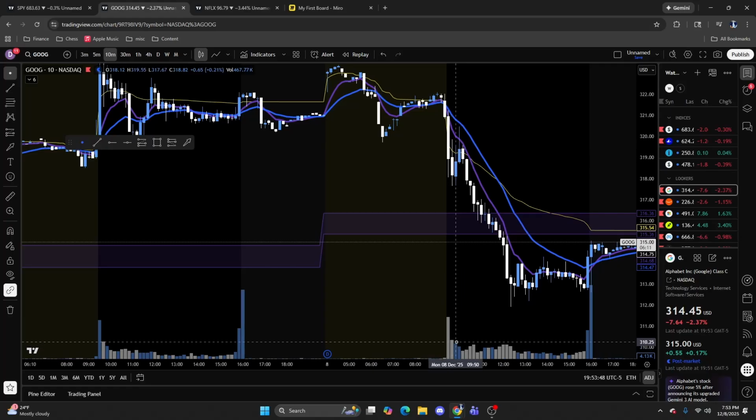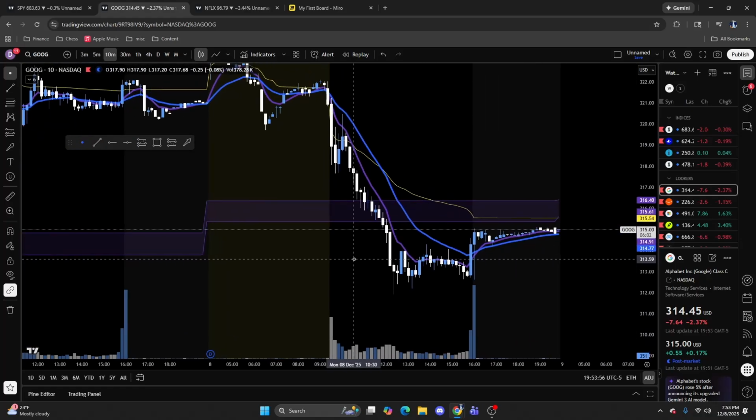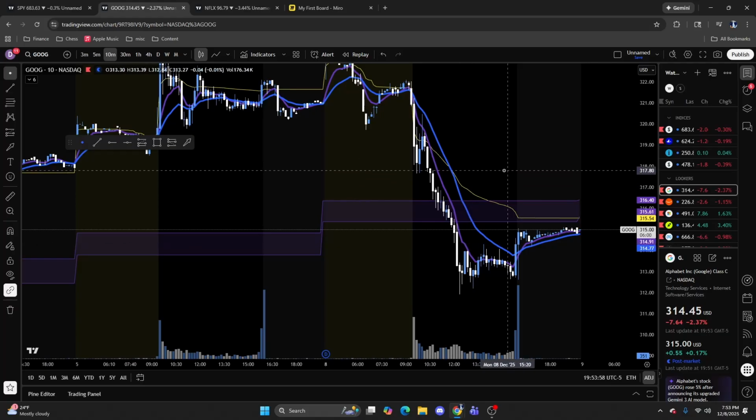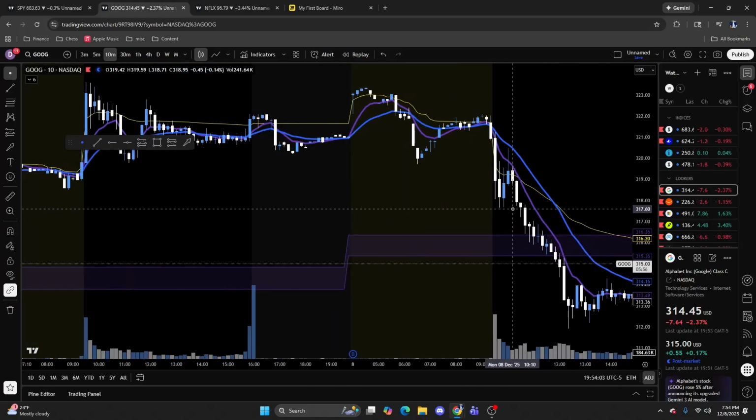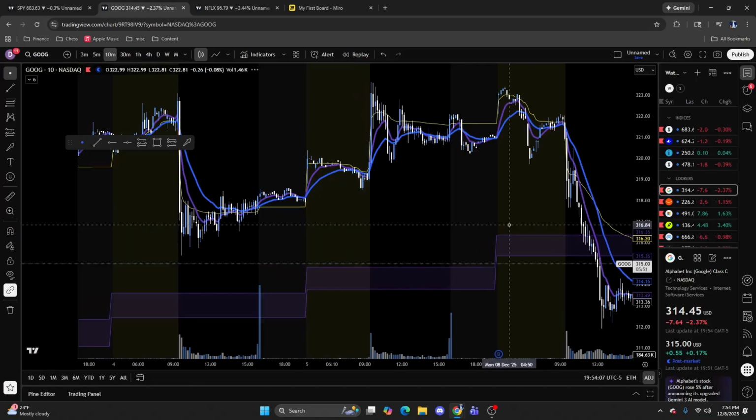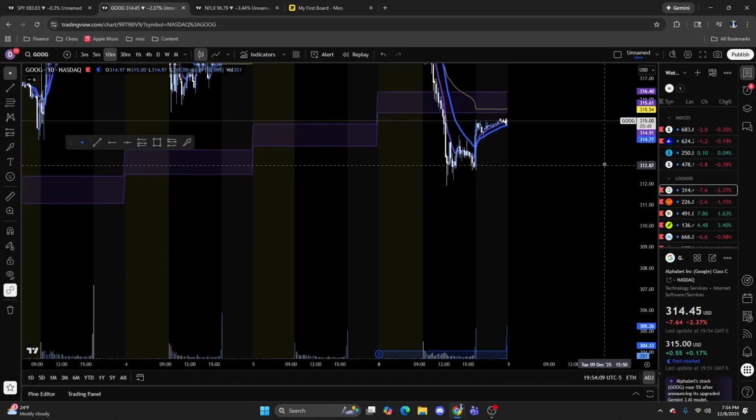And look, the volume decreases on this pullback, and when it starts dumping, there's a lot of momentum, right? And then our first profit target would probably be new low of day, so right here, and then our second one would probably be the daily 8 EMA.